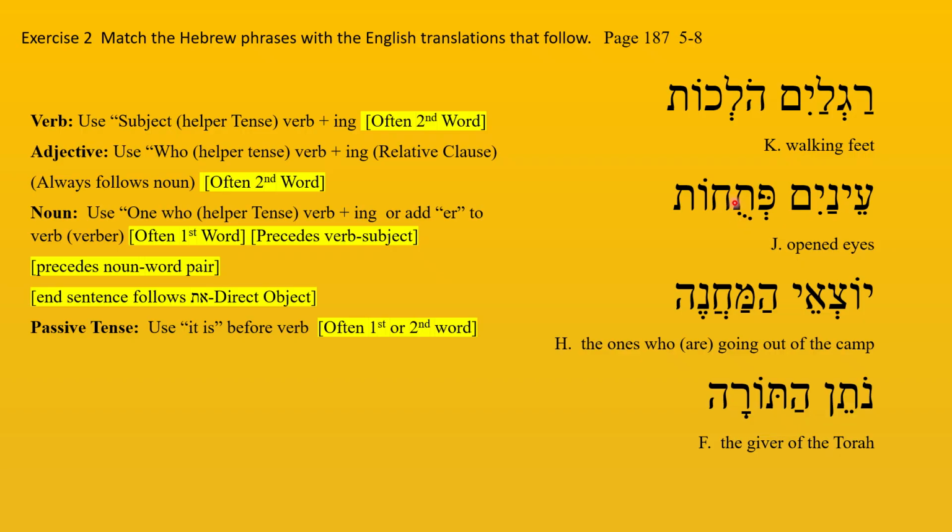It's a little confusing because you're used to seeing the oo as a vav with a dagesh in it, but this is also oo. So you recognize this then immediately as a passive participle. Okay. So it's not the eyes are opened, it's the opened eyes, because again, you have that ot ending, matching the feminine.